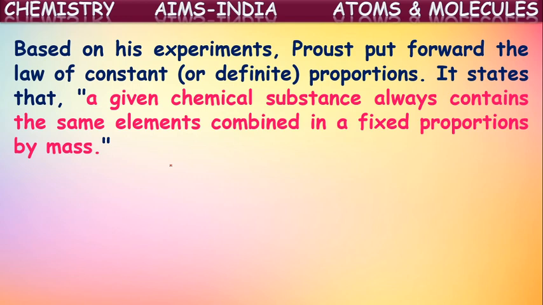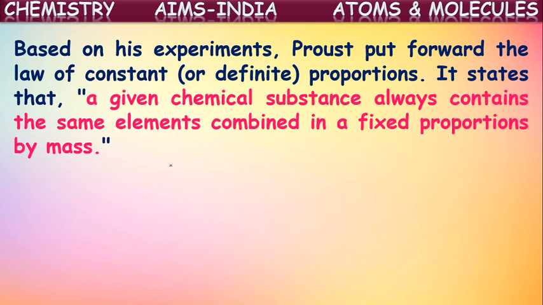So it always has the same elements, hydrogen and oxygen, and that too they are combined in a fixed proportion by mass. If you take water from any source, it will contain two atoms of hydrogen combined with one atom of oxygen in all the samples. It is fixed. So if you say water, it is always H2O only. There is no change at all. That is called the law of constant proportions or law of definite proportions.